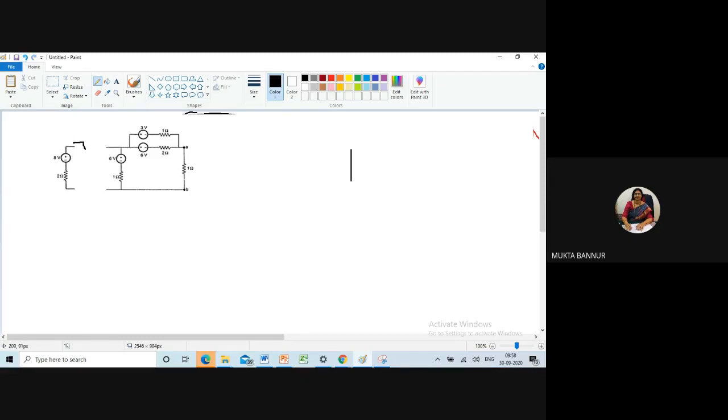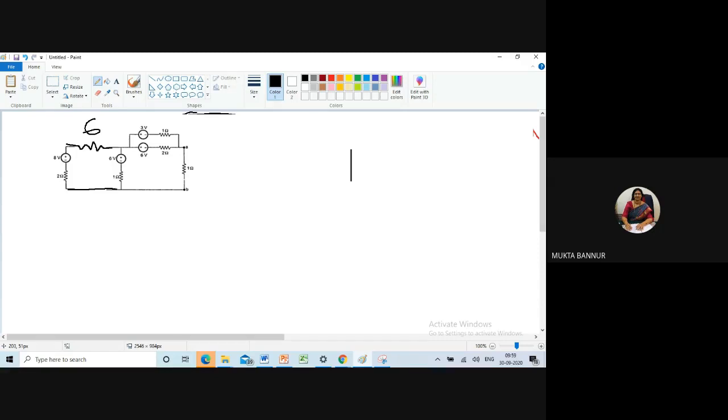Suppose there is a resistance here. Say this is of 5 ohm. Not a 5 ohm, I'll take a small value. That is of 6 ohm.